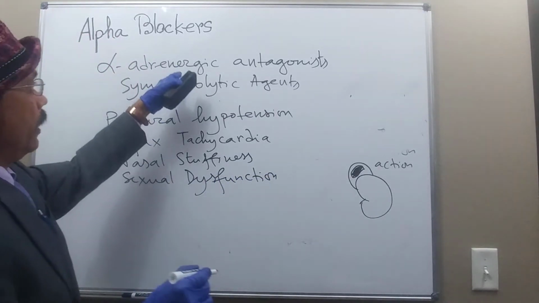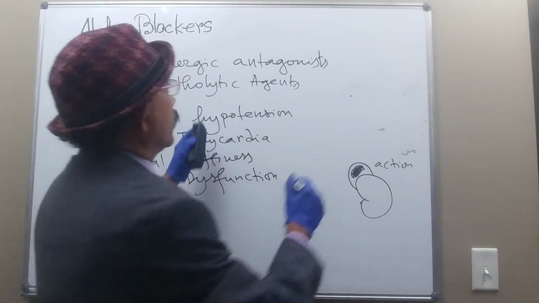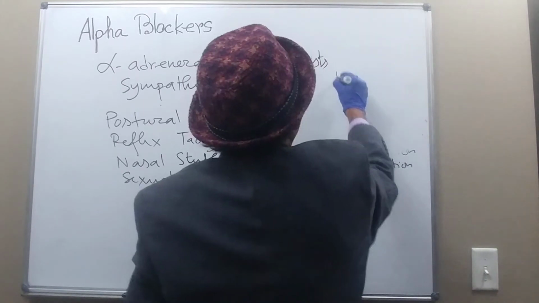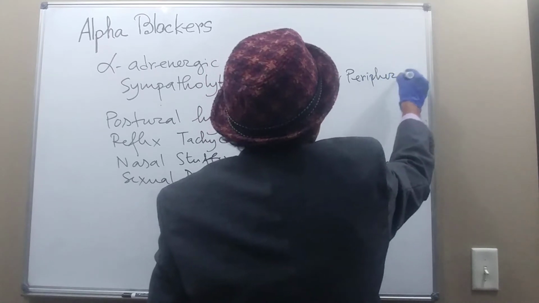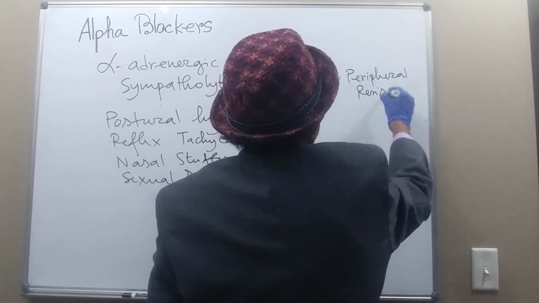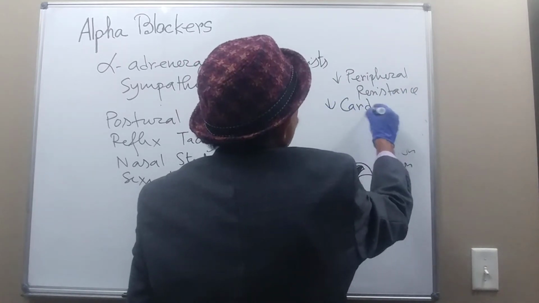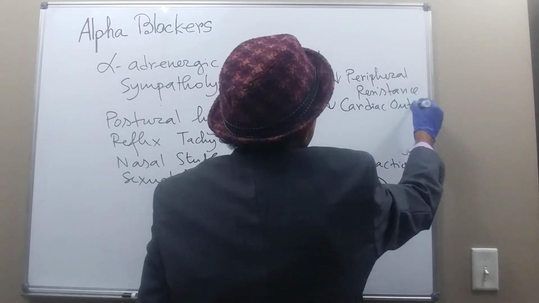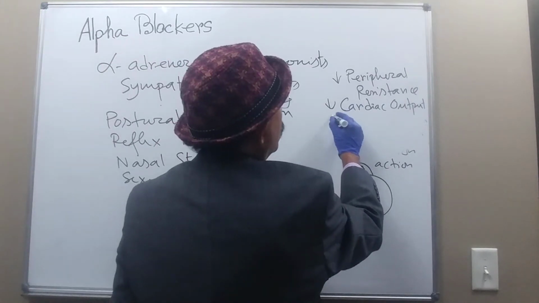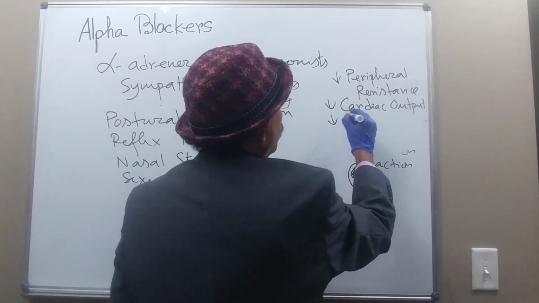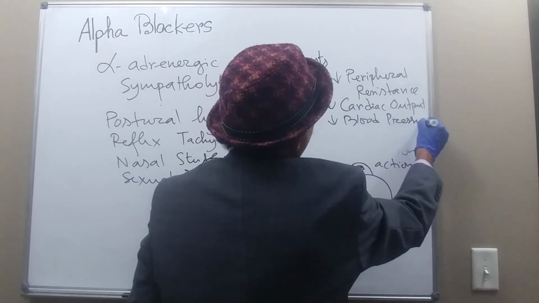These are adrenergic antagonists, so they actually decrease the peripheral resistance. They also decrease the cardiac output, so they will decrease the blood pressure.